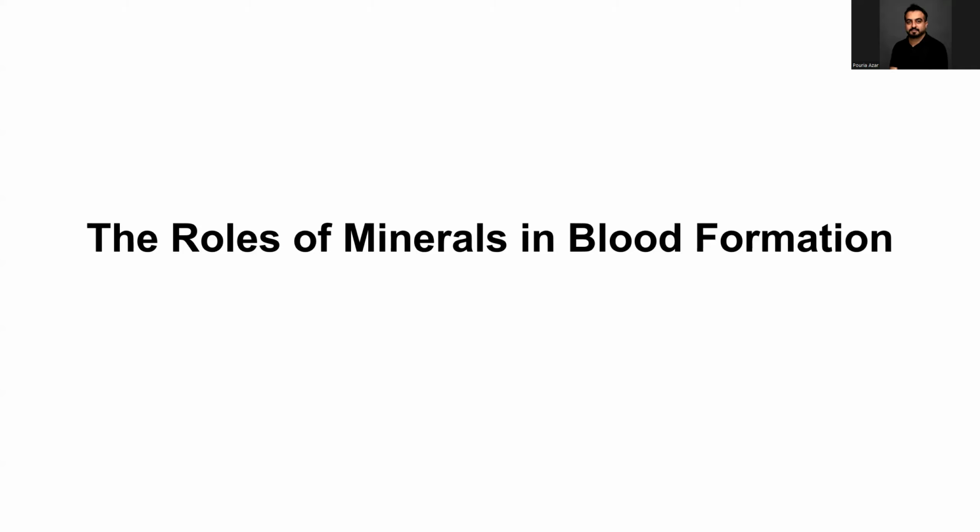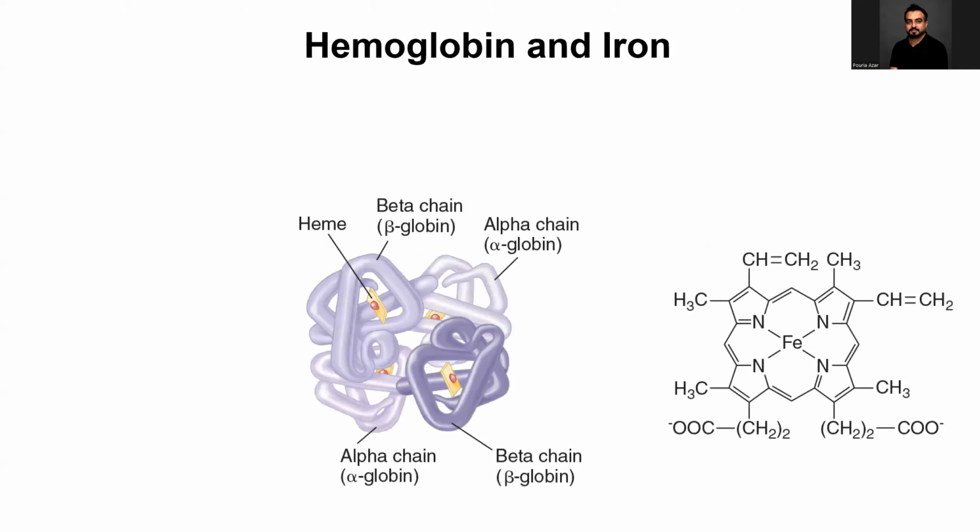We need minerals in blood formation. The most important example is iron and hemoglobin. Remember, hemoglobin is a protein in red blood cells, and hemoglobin has four protein chains.